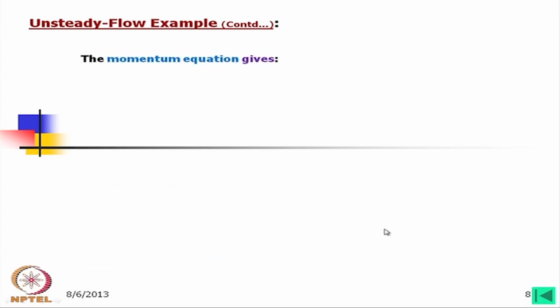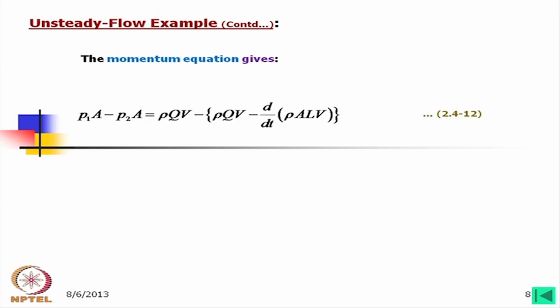Now, the momentum equation gives P1 A minus P2 A is equal to rho Q V minus rho Q V minus d by dt of rho A L V. A into L is the volume, V is the velocity, and rho is the density, that is the mass.